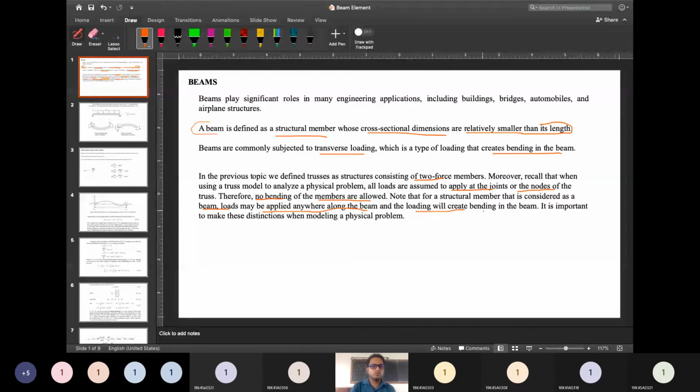It is important to make these distinctions when modeling a physical problem. I hope the difference between beam and truss is clear to you. In a truss, we were considering only tensile and compressive loading, whereas in a beam, we can go for transverse loading that will create bending.